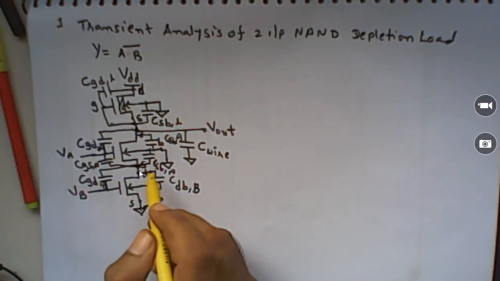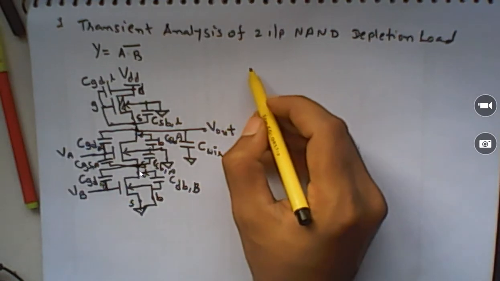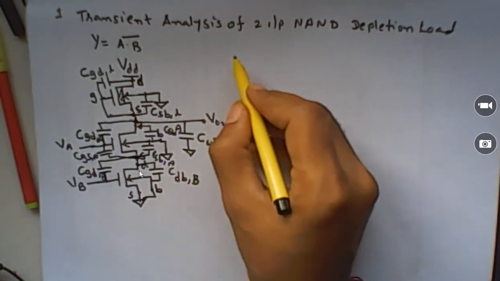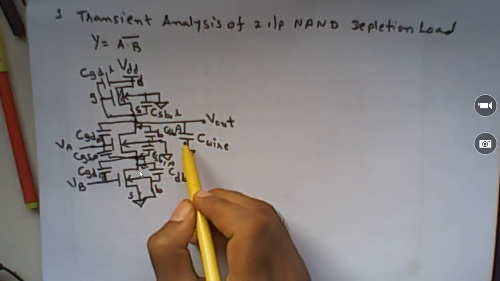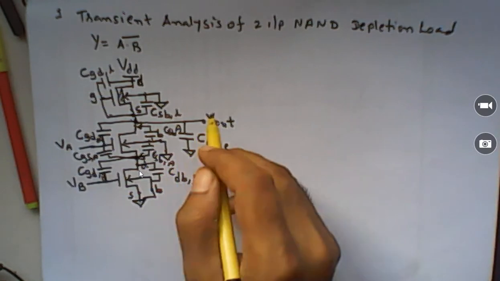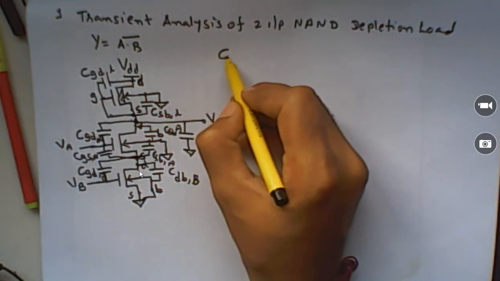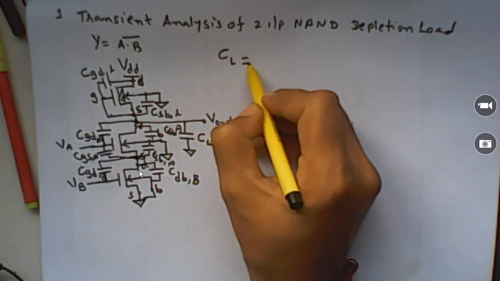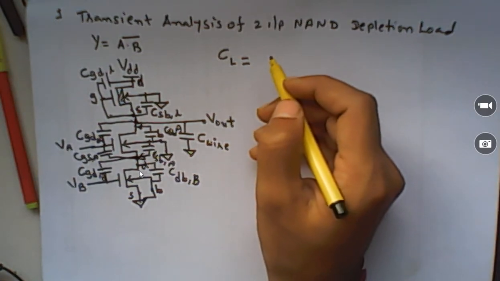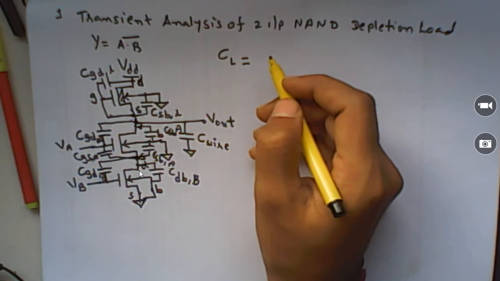So these are the different capacitances that come into the picture between the output node and ground. Counting them, 1, 2, 3, 4, 5, 6, 7, 8, 9: these nine capacitances decide the load capacitance between the output node and ground in a two input NAND gate implementation using depletion loads.